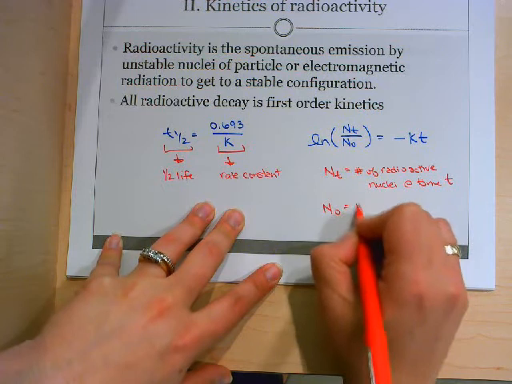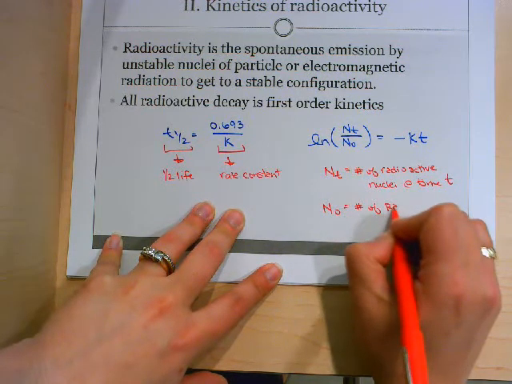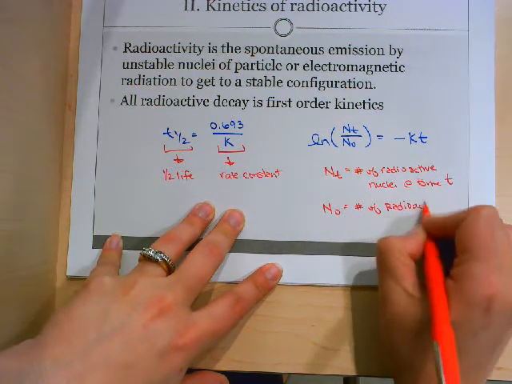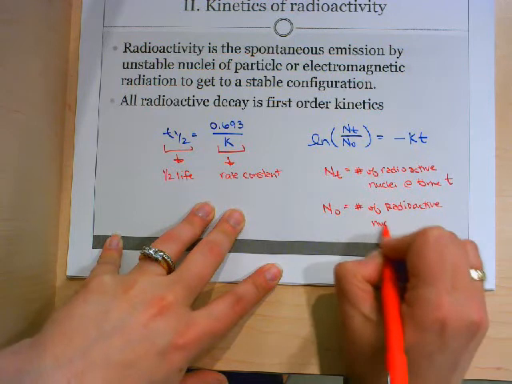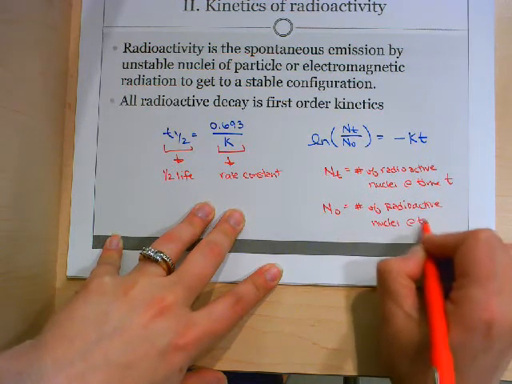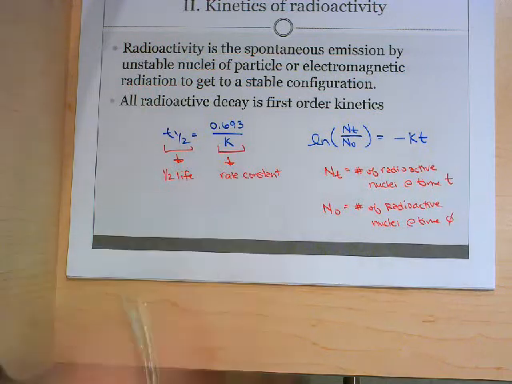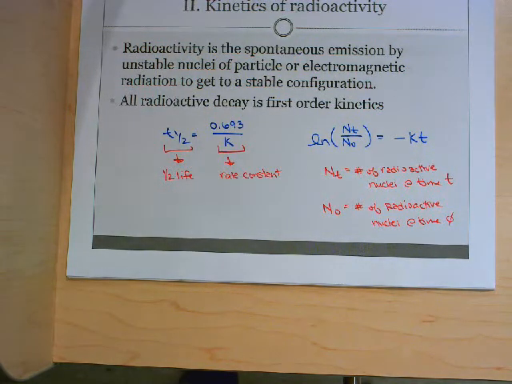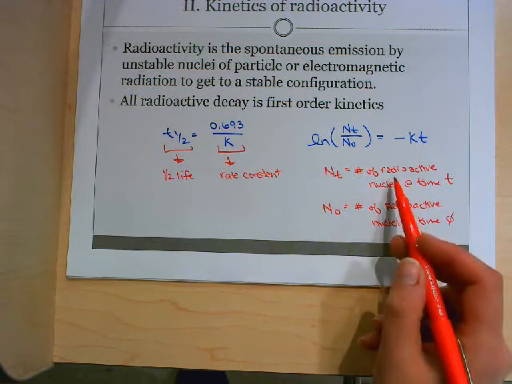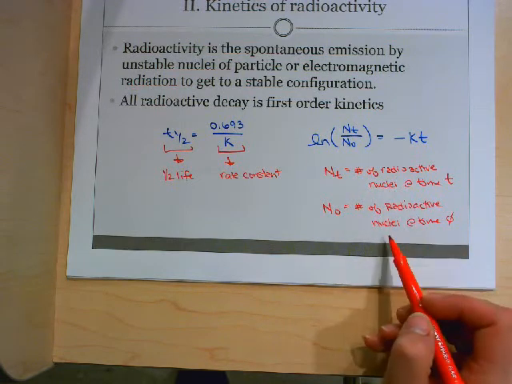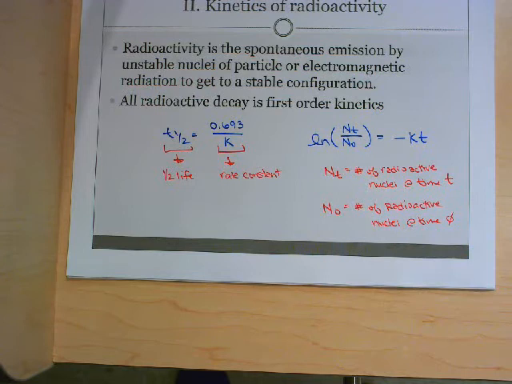And N_0 is the number of radioactive nuclei at time 0. So a ratio of how many are left is a function of how long the experiment went and the rate constant of it. Alright, so if you go forever, that number will be small compared to the initial, because eventually they decay off.